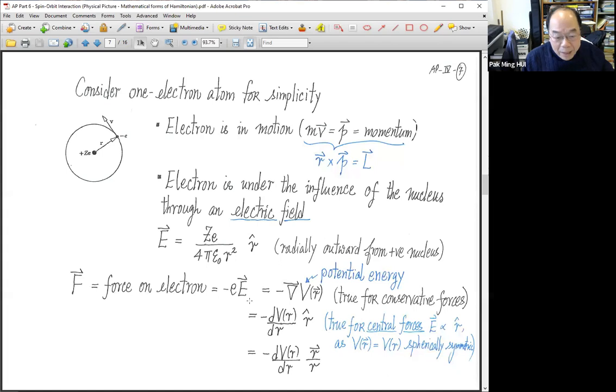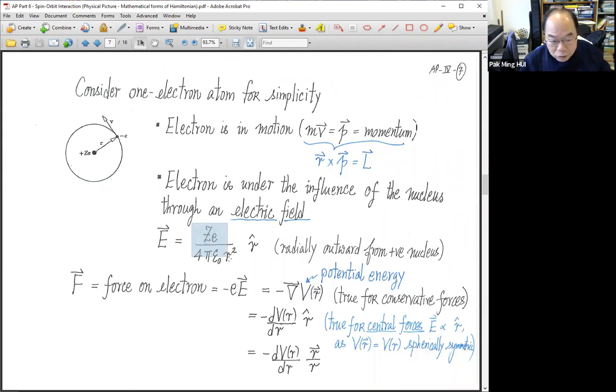All right, and now because this is a Coulomb force, we could write it as minus the gradient of a Coulomb potential energy. This is a force, this is a potential energy, not a potential. It's off by a charge, okay? Force is minus gradient of potential energy. And it is this V that goes into the Schrödinger equation.